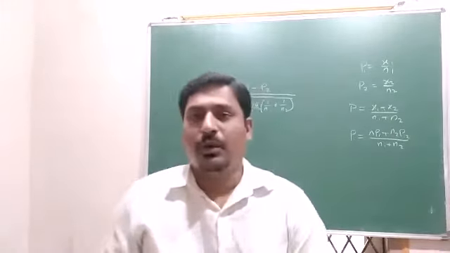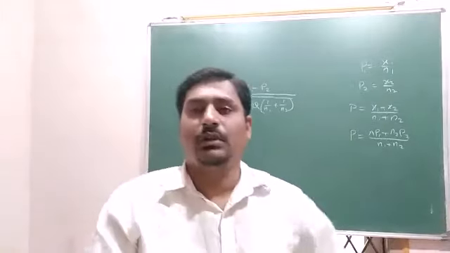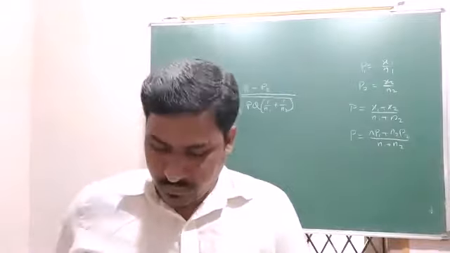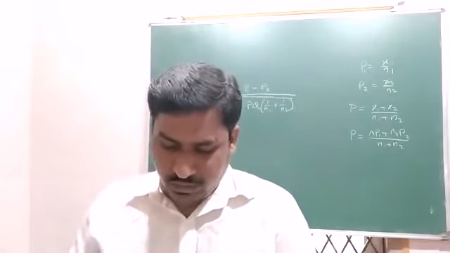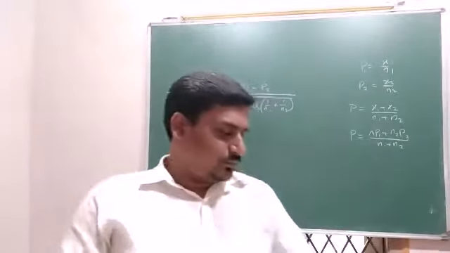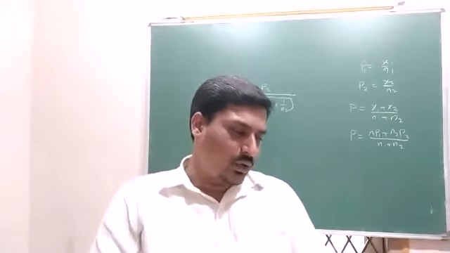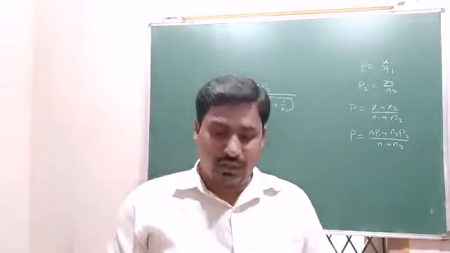Let us solve one more problem here. In the last class we solved a problem. Here we'll solve one more problem. I take a problem from the textbook. Problem number 23, page number 240.